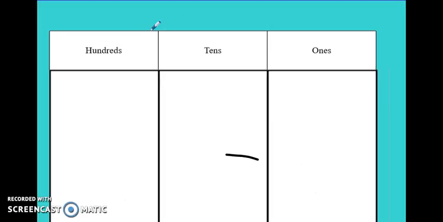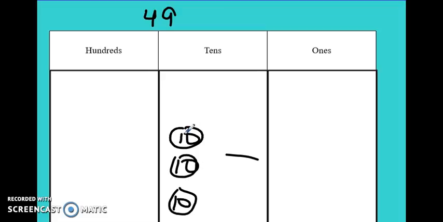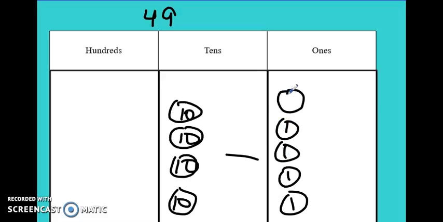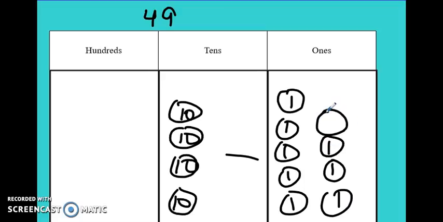Let's look at another example. Let's take the number 49. So, to make 49, 49 has 4 tens, 10, 20, 30, 40, and 9 ones, 1, 2, 3, 4, 5, 6, 7, 8, 9.